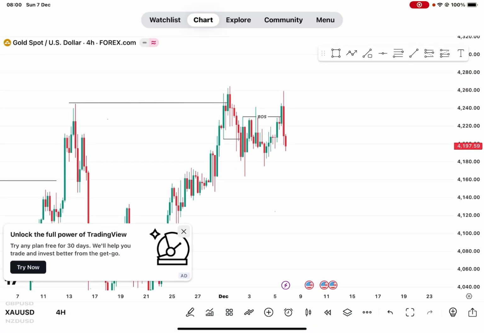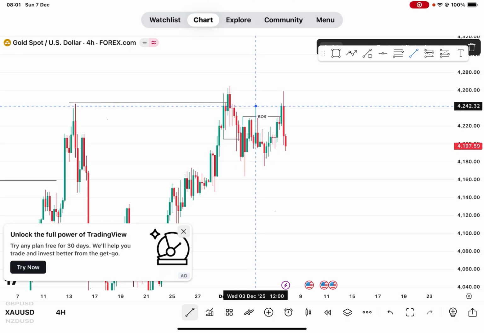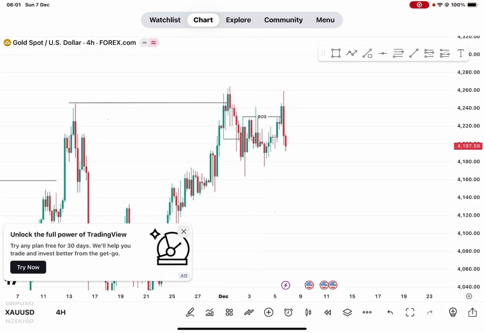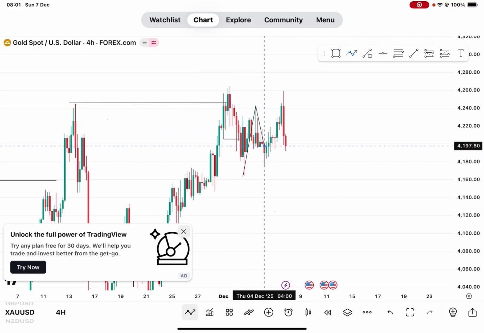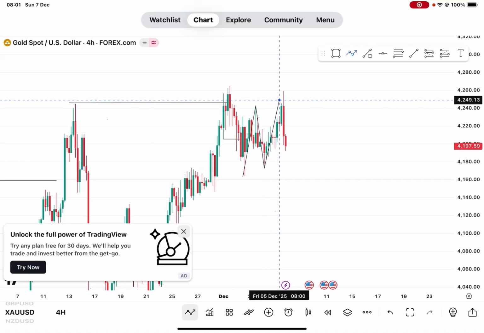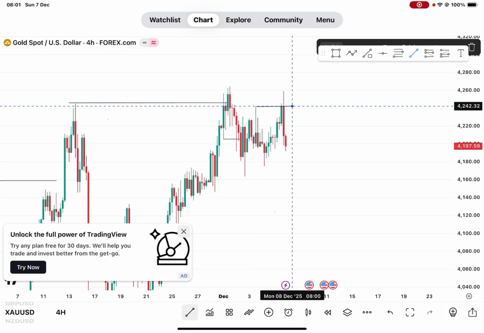So now we are quite sure that gold might continue in its bullish move. After gold tried to break this high, it went up, it tried to break it, did the retracement, and then pushed up once again. So what we've got here is this zone, this last high, and we can see that gold broke above it with the body.